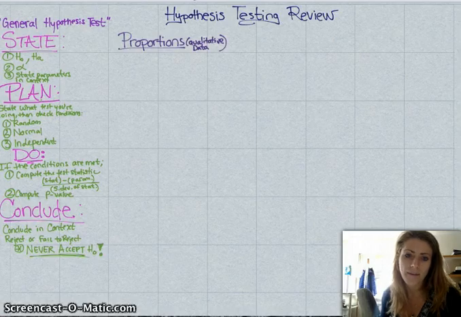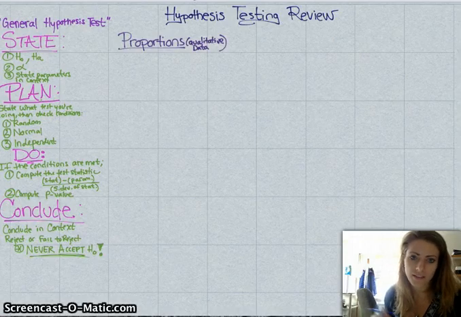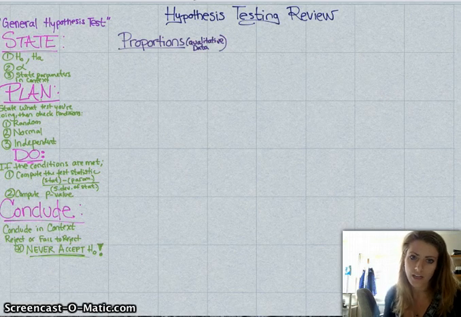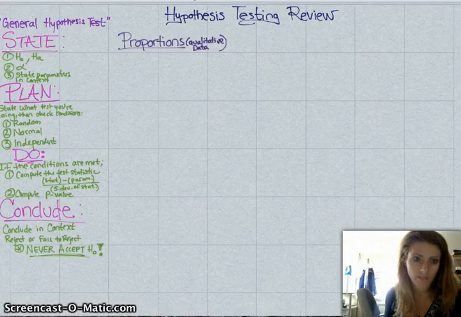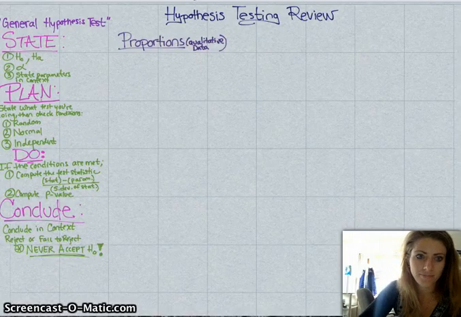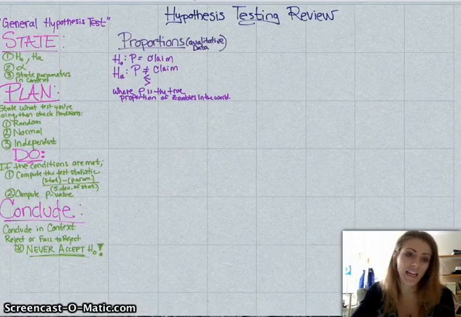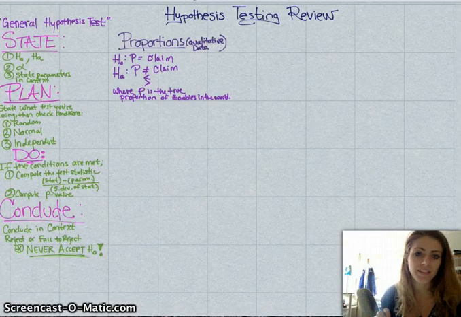Alpha level depends on the situation, or you choose, and then you're stating what is actually p, not p-hat. What is p?